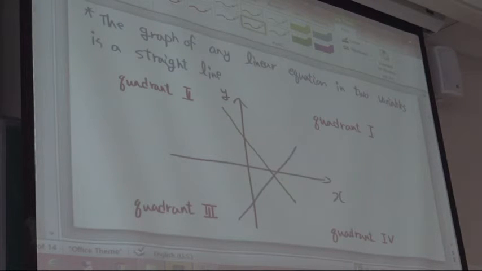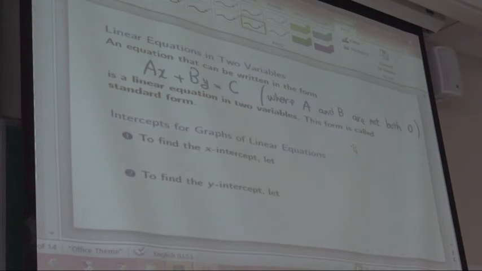So this point is called a y-intercept. And this point is also a y-intercept. And the point that meets the x-axis is the x-intercept. So to find the x-intercept, we let y be equal to 0 and solve for x.